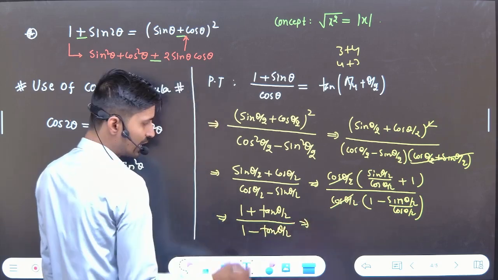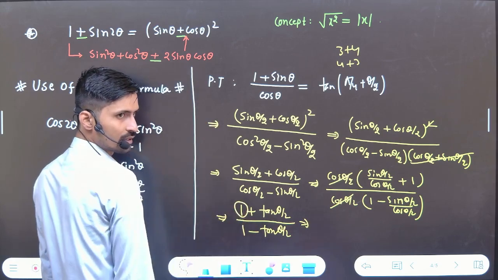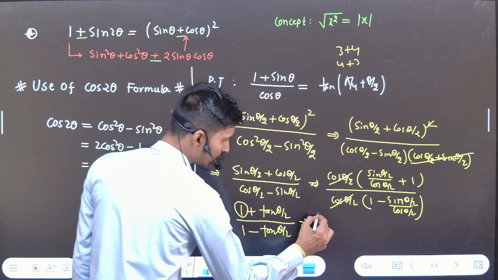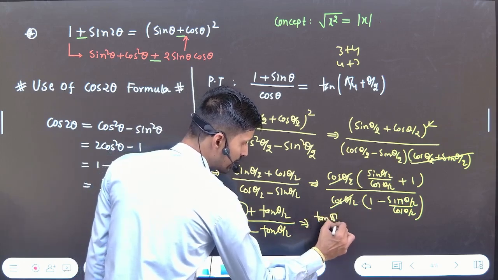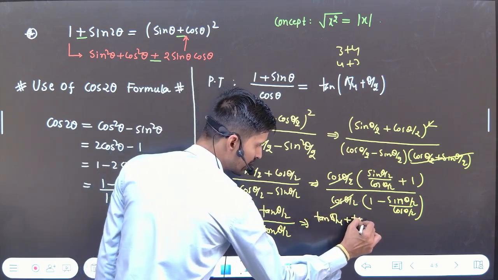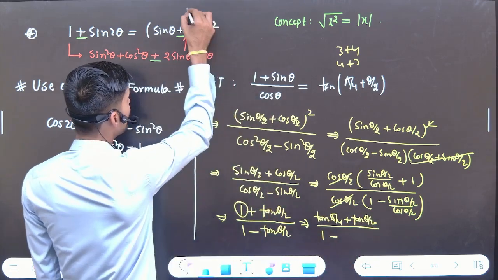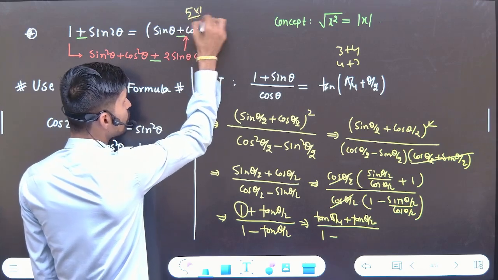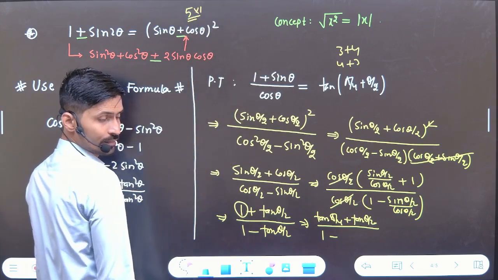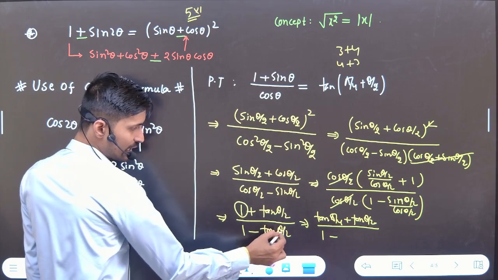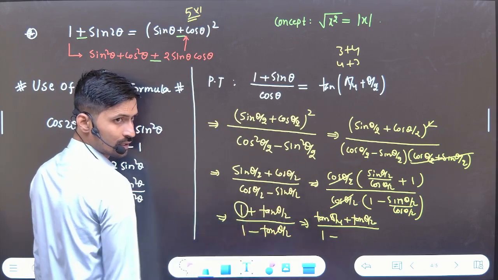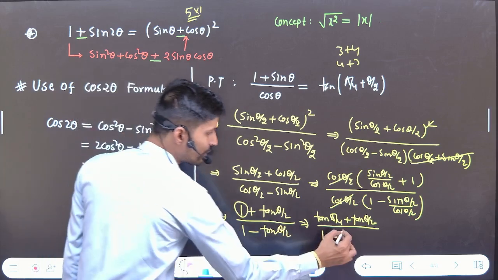Last step. Can we write this 1 as tan pi by 4? Tan pi by 4 plus tan theta by 2 upon 1 minus... Acha, if the number is 5, can you write 5 into 1? So tan theta by 2 is there. Can we write tan theta by 2 into 1? And that 1, can we write tan pi by 4?